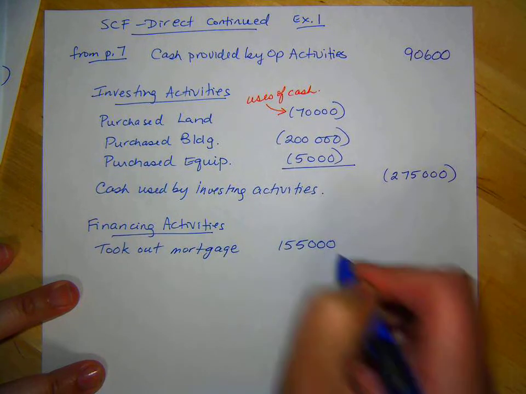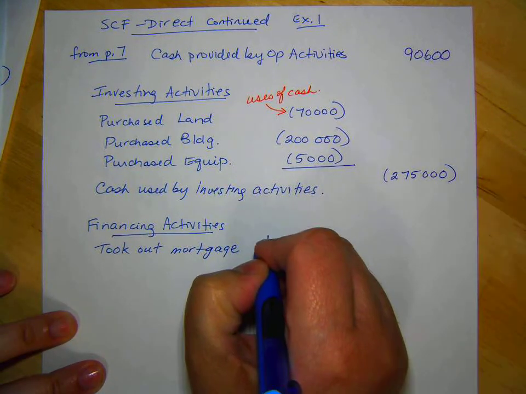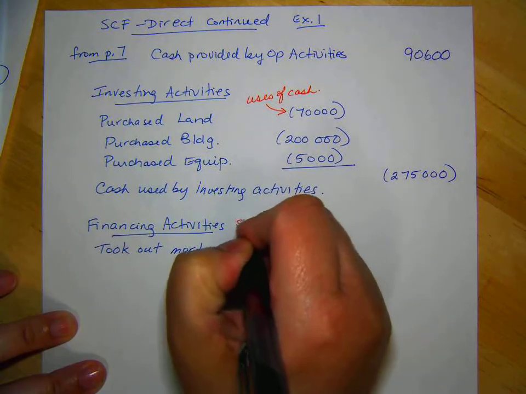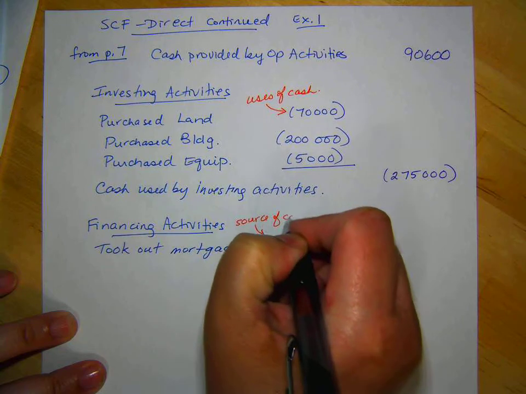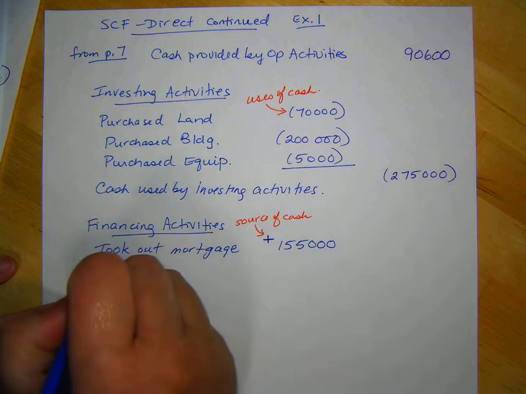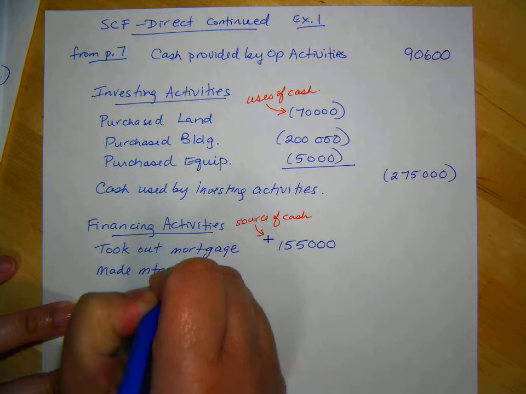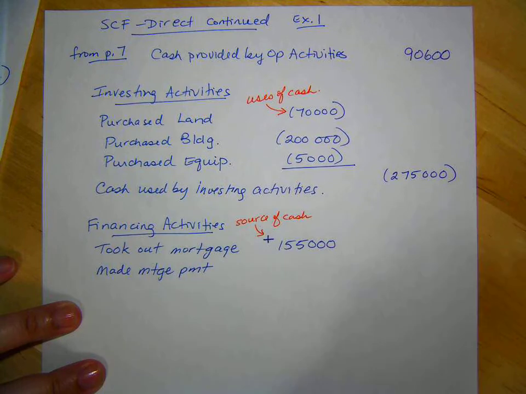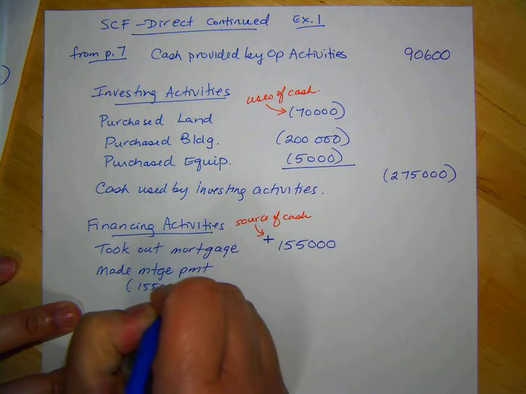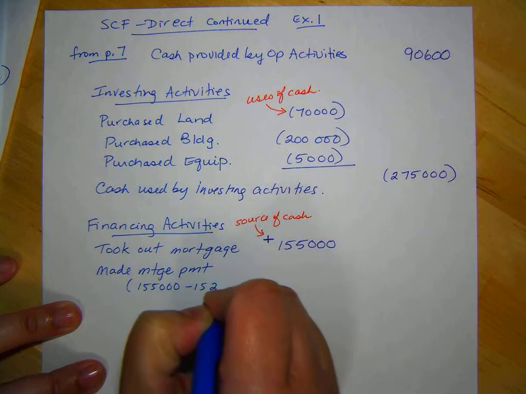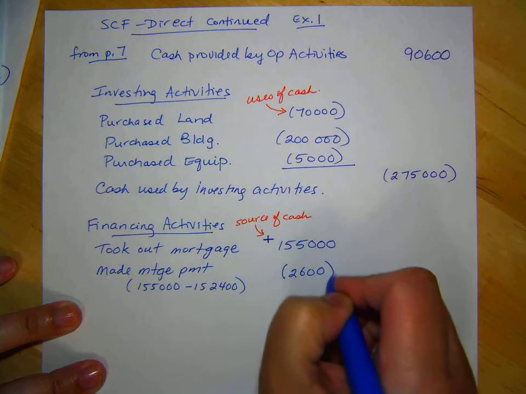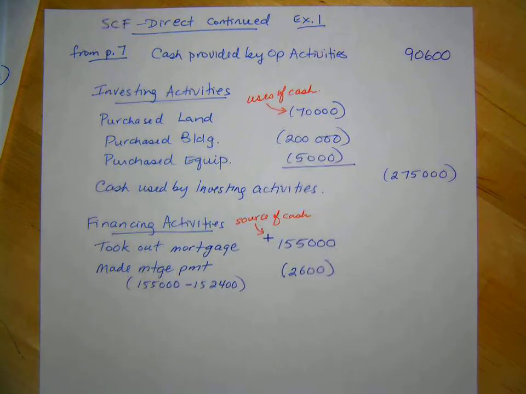Will that be positive or negative? Positive, because it's a source of cash. But then we made a mortgage payment. And that is our $155,000 minus $152,400, which is $2,600, and it's negative because we used up cash.